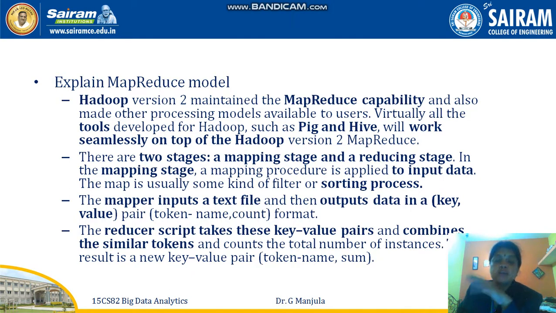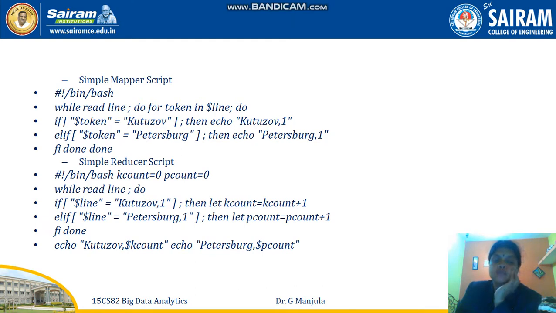That is called a reducer, or a reducing technique. So mapping and reducing. Please understand what is meant by mapping and what is meant by reducing, which is very, very important in this module. Clear? Now we'll go with one small example.